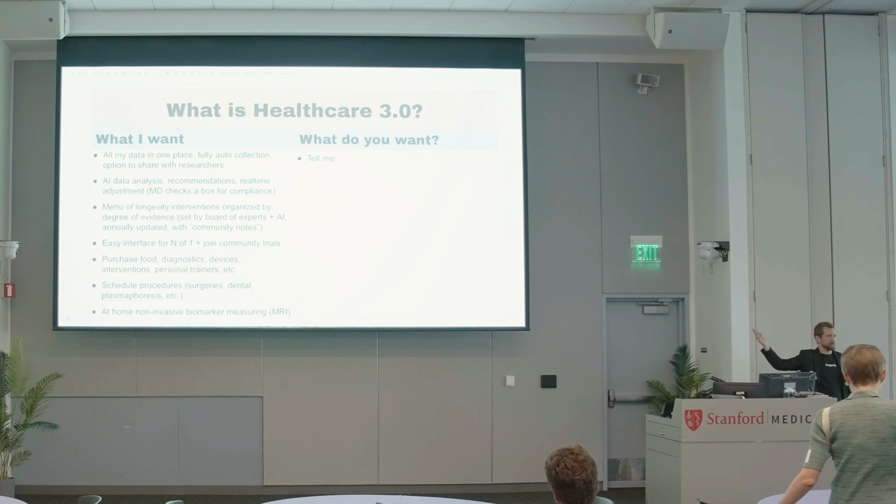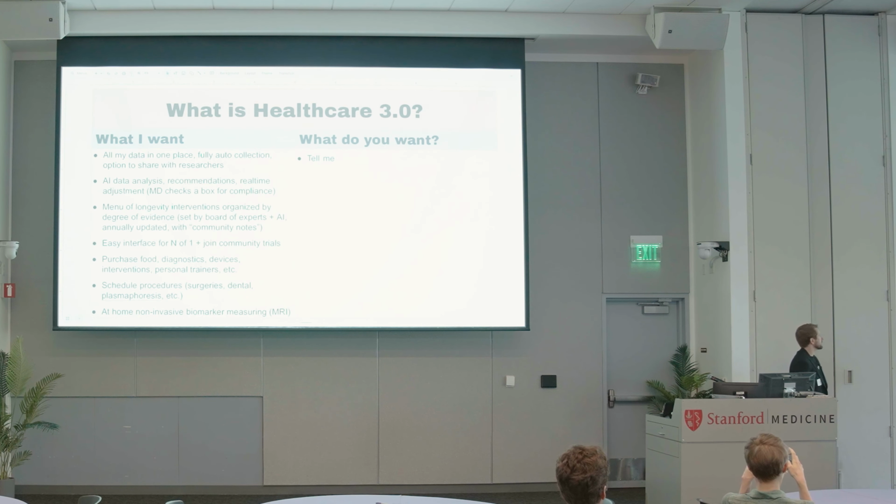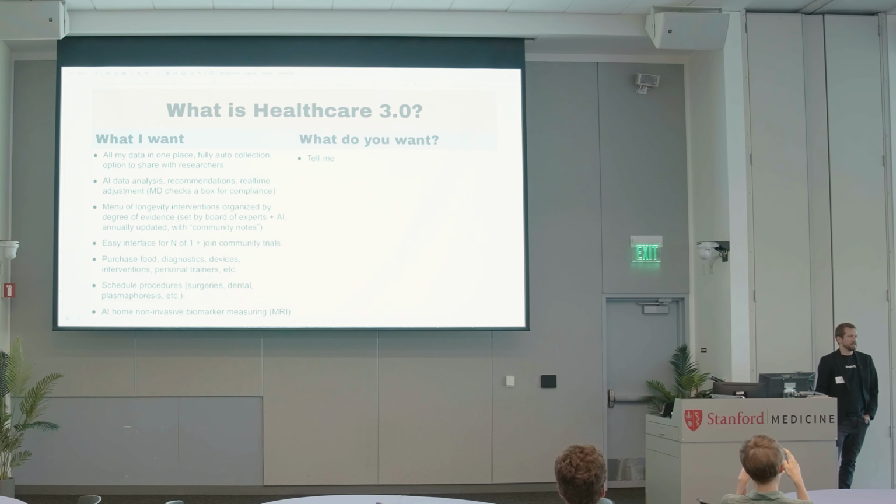I want AI analysis of the data with recommendations, real-time adjustment, and if there's a medical doctor involved, I hope he's in Puerto Rico in a small office and he's checking a box and I never actually have to talk to him. I want a menu of longevity interventions that are categorized based on how much evidence they have behind them and recommended to me.